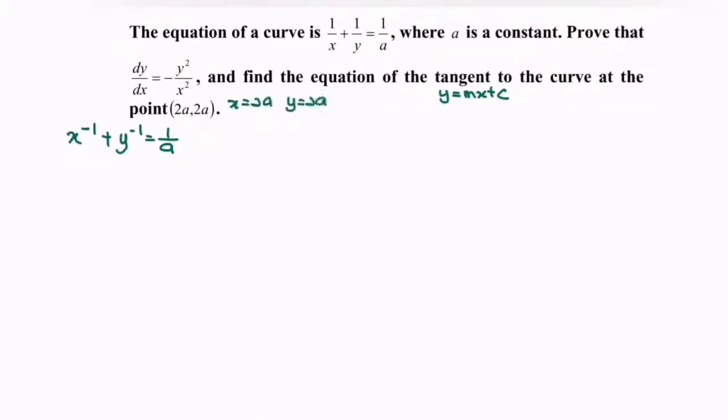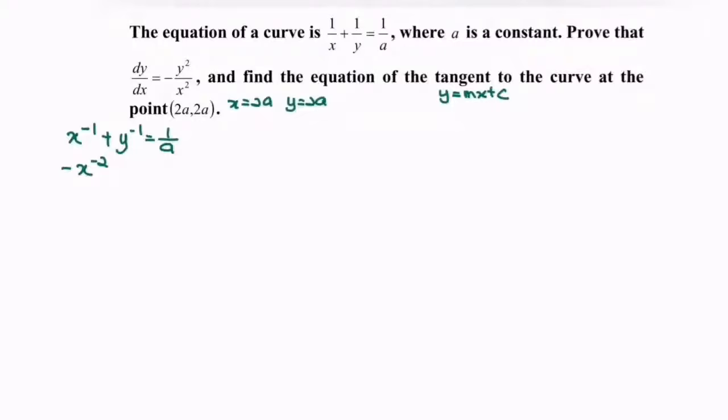First part, kindly focus on 1 over x plus 1 over y equals 1 over a. Find the dy/dx. So differentiate x to the power negative 1 with respect to x, and we will have negative x to the power of negative 2. Second one, focus on the y to the power negative 1.